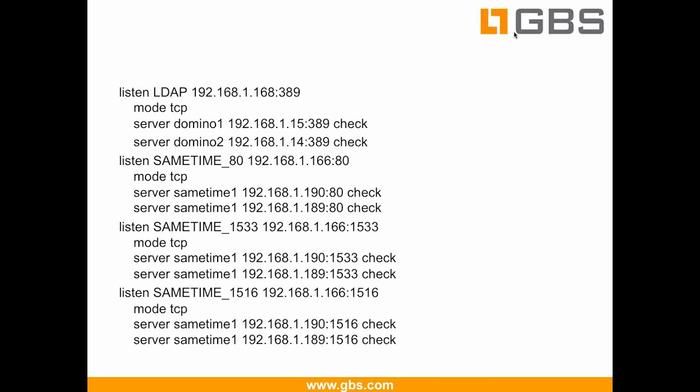You'll set it to mode TCP instead of mode HTTP, and then you just specify those 2 or more servers in there. Tell it to check, and it'll check that at intervals and make sure the server's online. And as you can see, I don't have it in here, but in some of our other configs, for instance with Sametime, we would front end listen on port 80 and send the back end to another port.